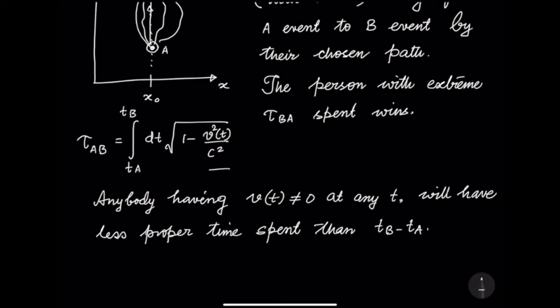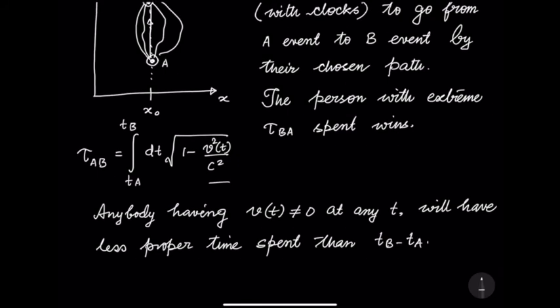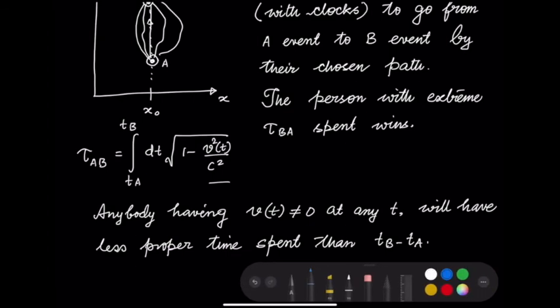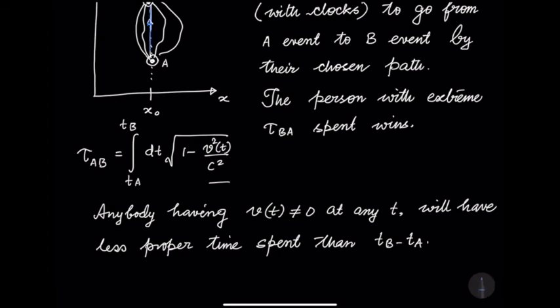What is the proper time spent? Which observer spent the proper time TB minus TA? Well, this observer who just sits there, does nothing, the laziest one.